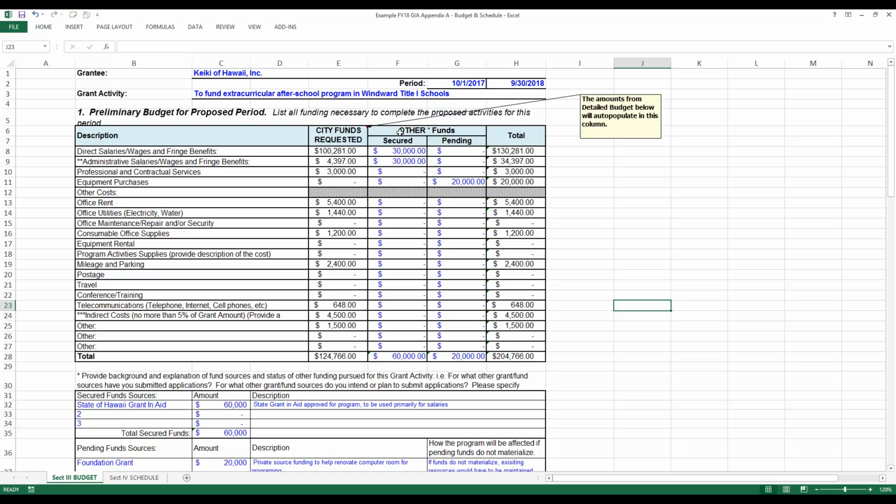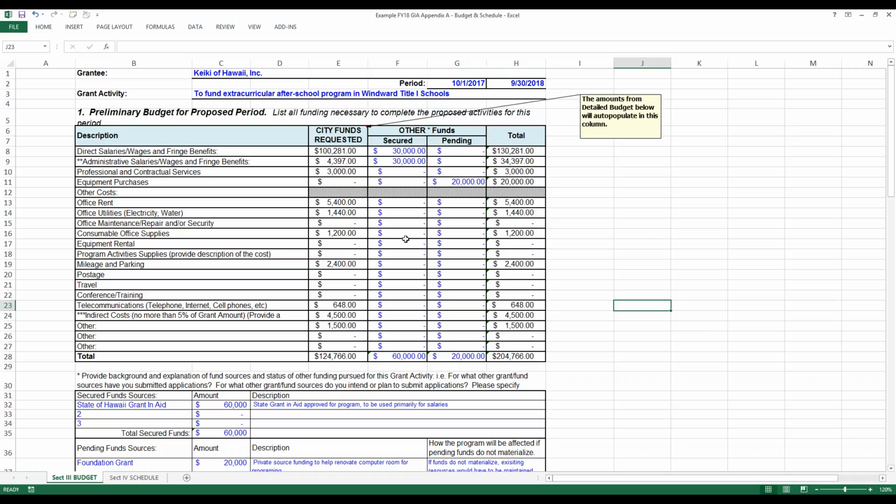So in here you may start first filling out other funds, secured and pending. For the secured funds, you list all the funds that you know for sure will be available to run the program during the grant period.